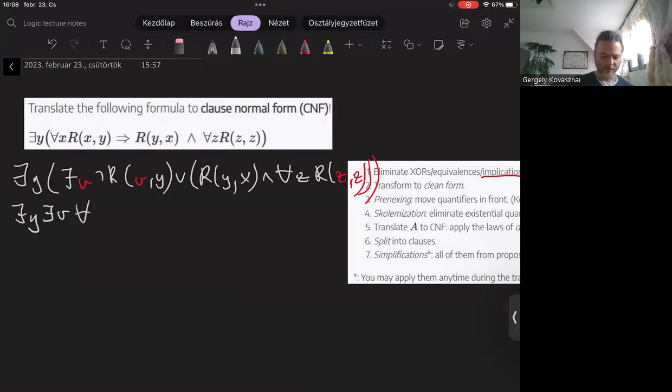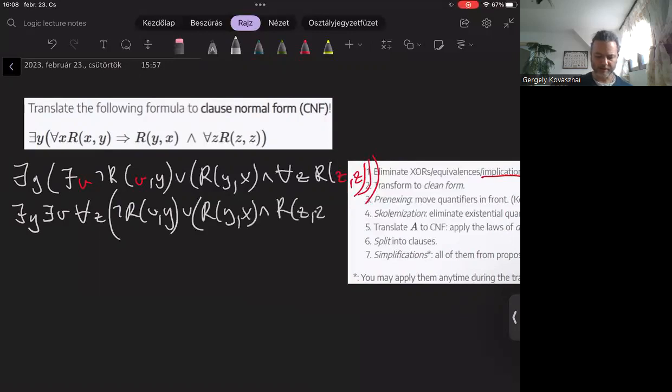So now we have three quantifiers in front: exists y, exists v, for all z, and in their scope we just keep everything else. So we keep not R(v, y) or R(y, x) and R(z, z), and that's it. And this is really cool. We have a prenex formula.